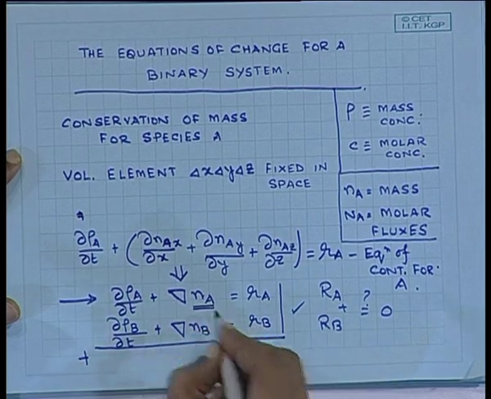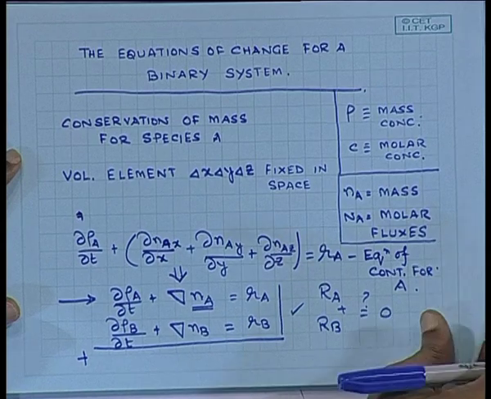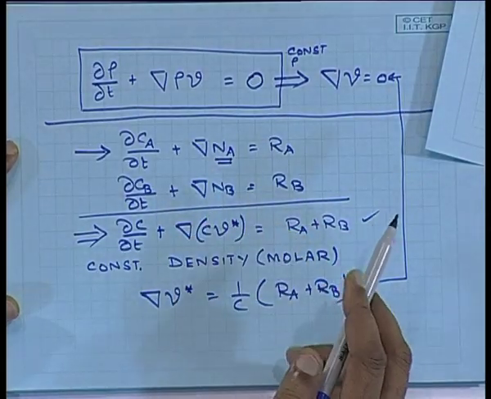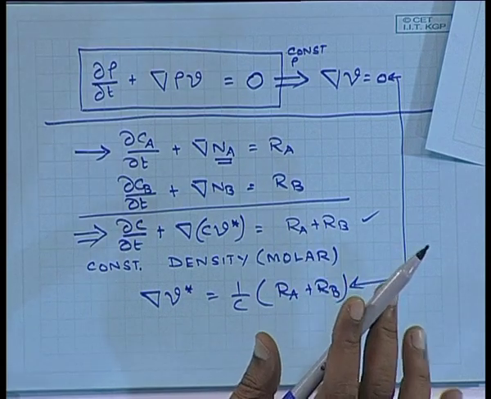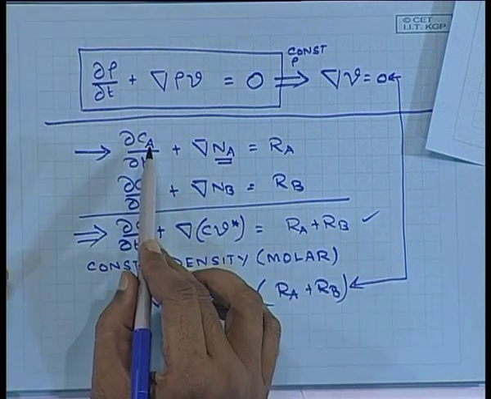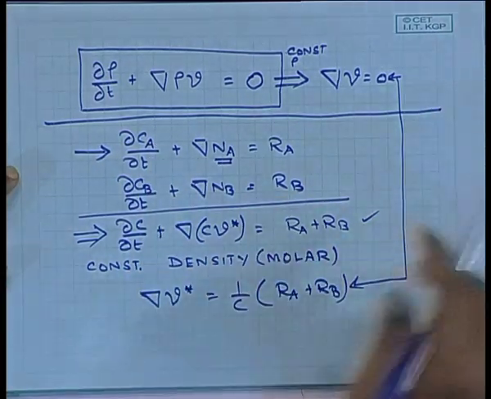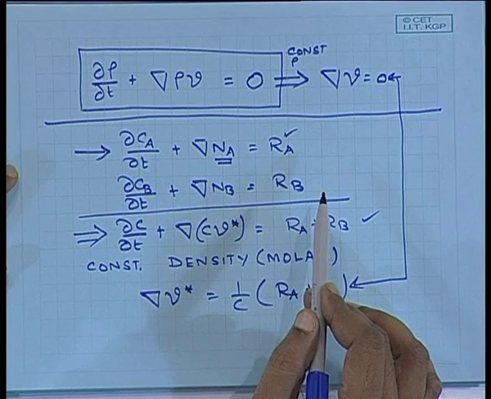I have to substitute N_A in here and capital N_A in here, and my ultimate aim is to obtain an expression for C_A in terms of x, y, z and t. The other parameters would be R_A, D_AB, etcetera.